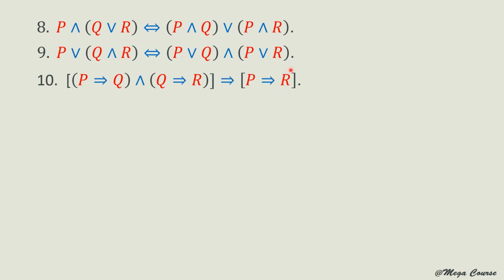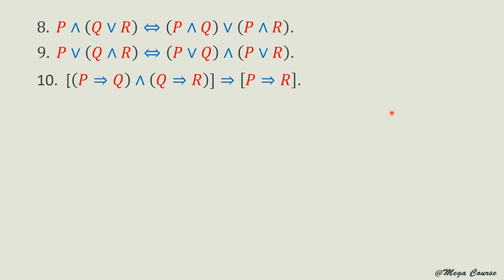Now let's see this one. P implies Q and Q implies R, then we have P implies R. Let's take an example. Imagine Jimmy has the same length as Joan, and Joan has the same length as Jehan.